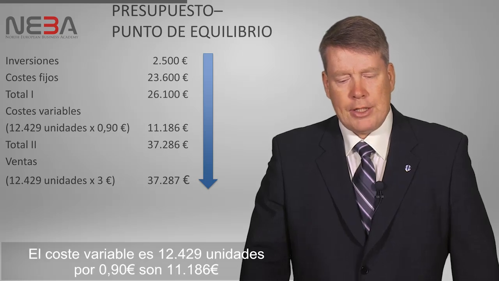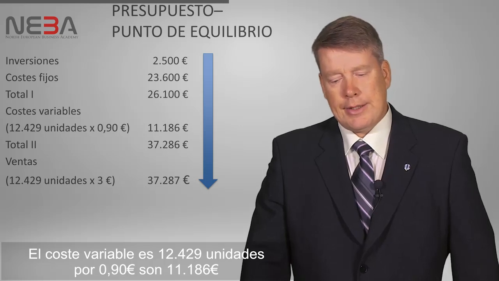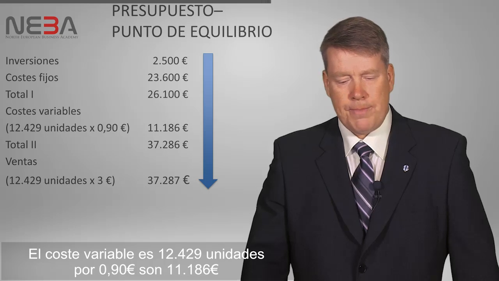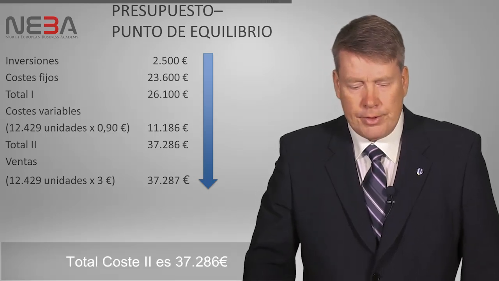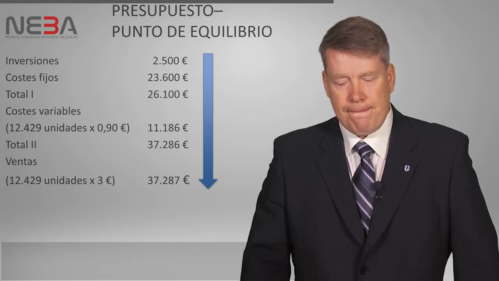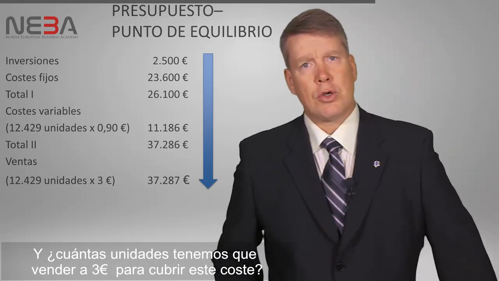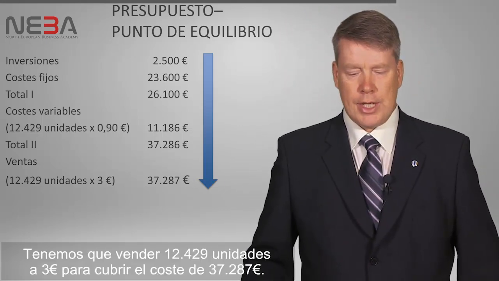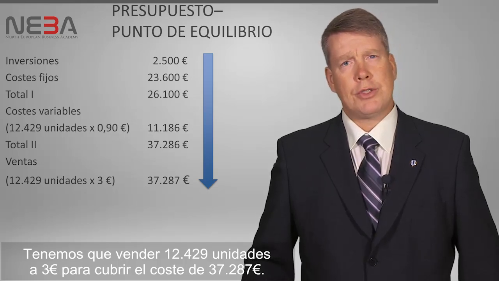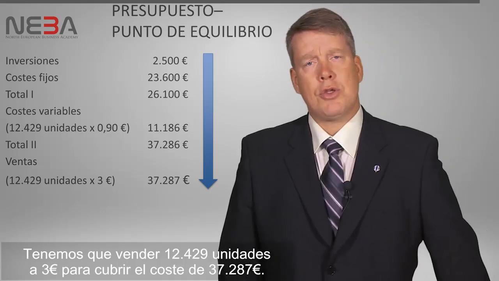Variable cost: 12,429 units times 90 cents makes 11,186 euros, and the total costs too is 37,286 euros. And how many units do we need to sell with 3 euros to cover that cost? We need to sell 12,429 units with 3 euros to cover 37,287 euros.